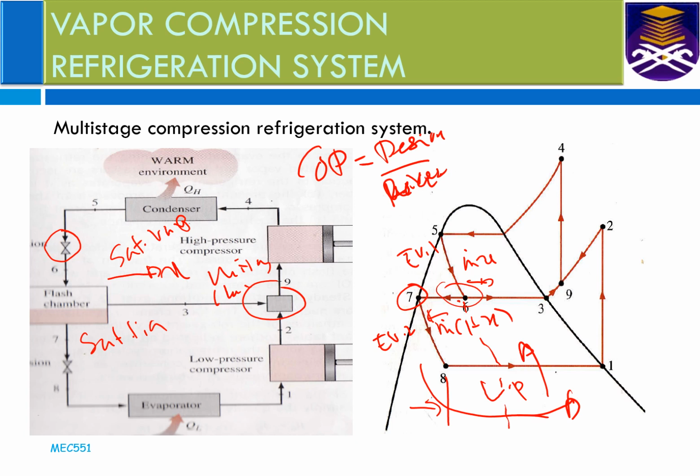Thus what is required is that a suitable amount of the saturated liquid has to be extracted. So the amount of 1 minus x is very significant for the multi-stage compression refrigeration system in order to increase the coefficient of performance of the refrigeration cycle.